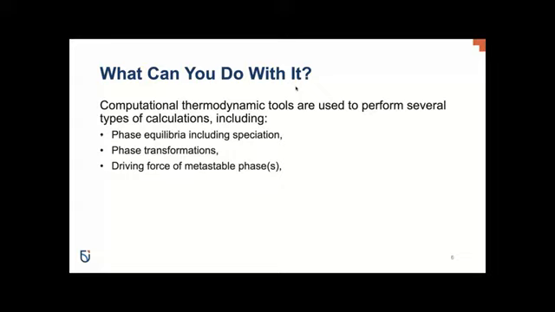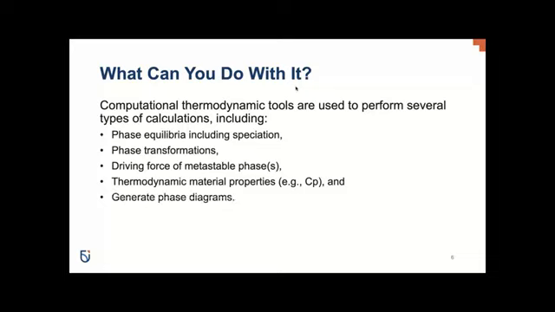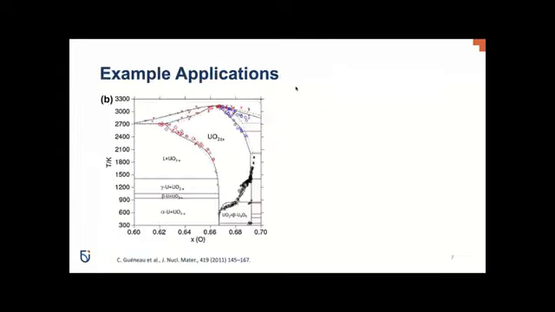Phase transformations could include, for example, looking at steels, whether you're dealing with ferrite or martensite, or if you're dealing with salts, trying to predict melting behaviors or vaporization. Similarly, one can compute driving forces of metastable phases, various thermodynamic material properties like enthalpy and heat capacity, and also generate phase diagrams.